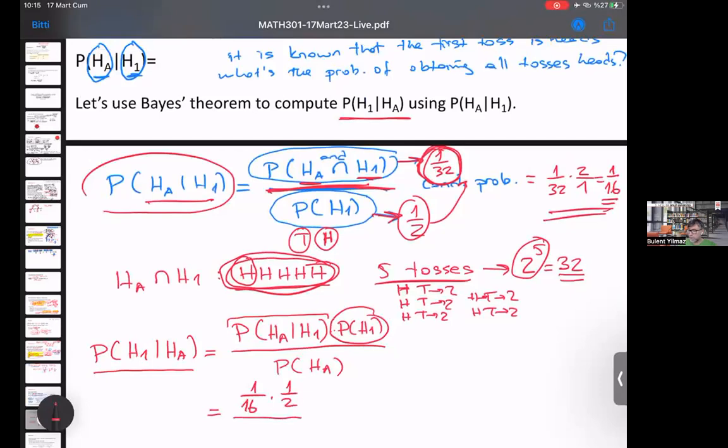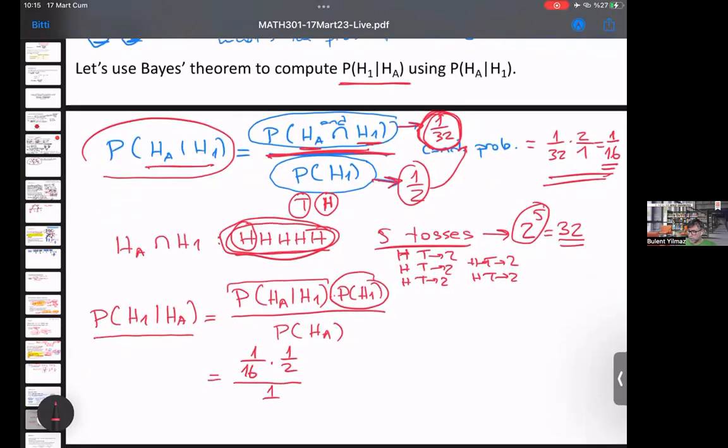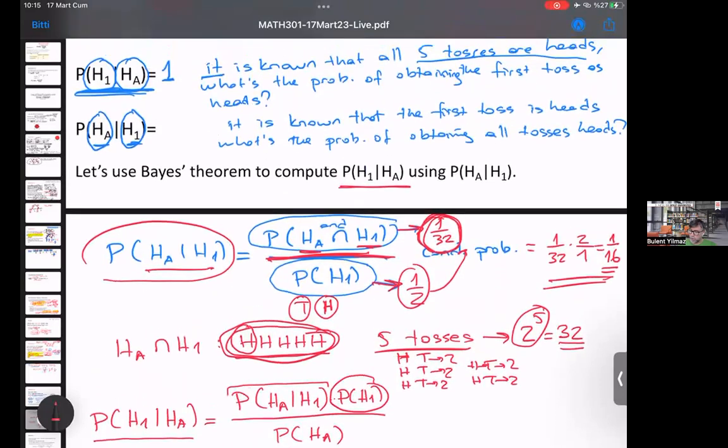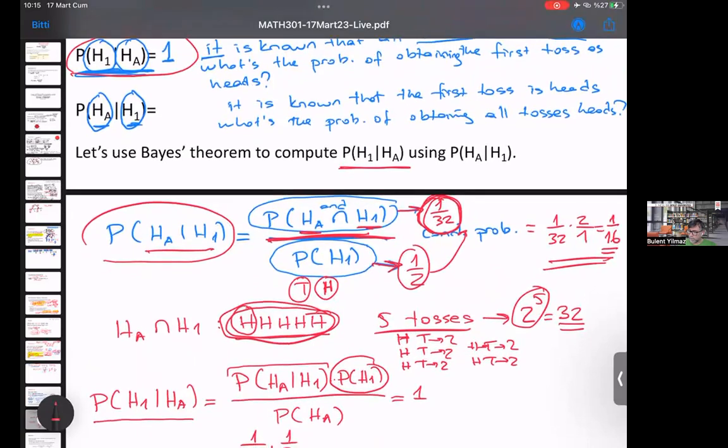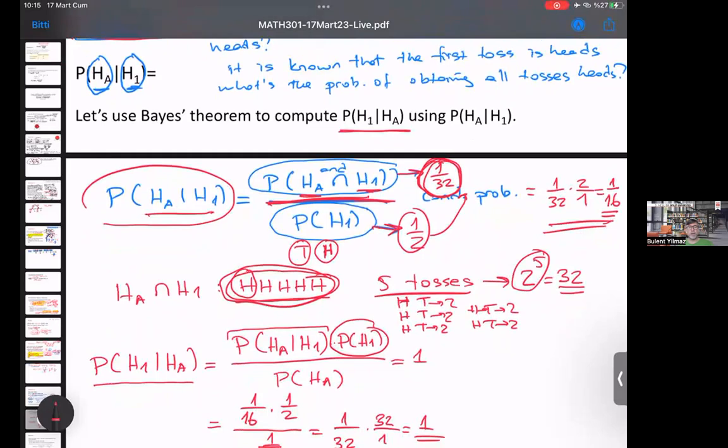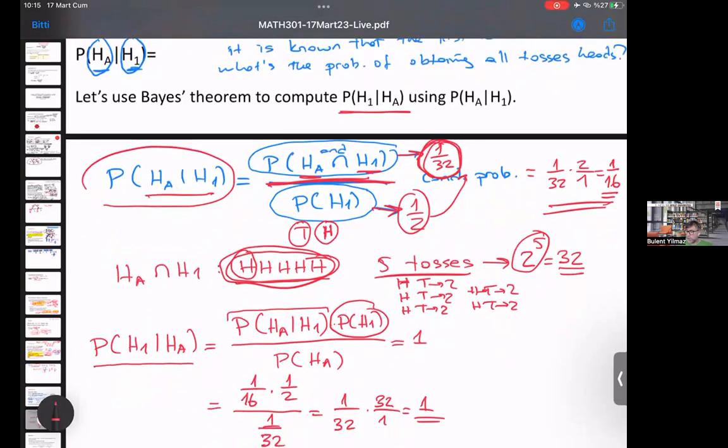Divided by all tosses being heads, 1 over 32. So it's going to be 1 over 32 times 32 over 1, which is 1. This is something we found being equal to 1, right? So I proved that Bayes' theorem is correct for this question. I can do the same thing.